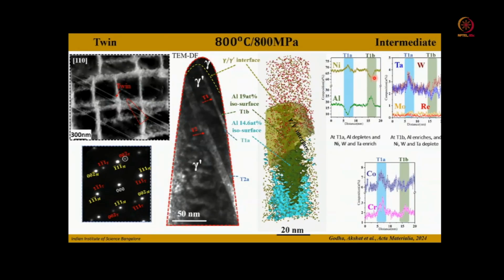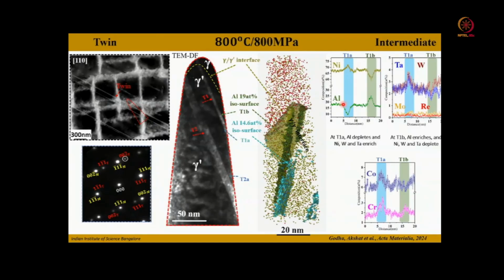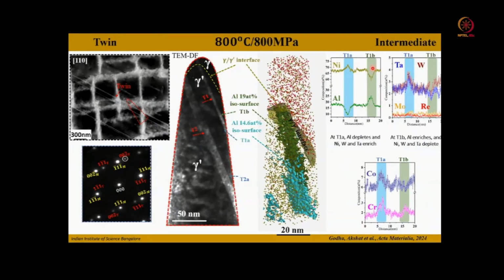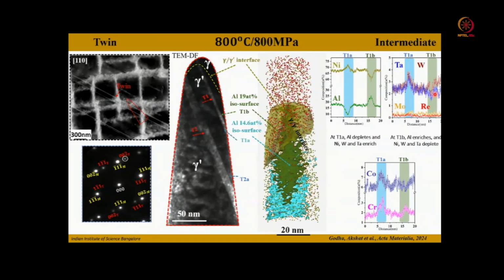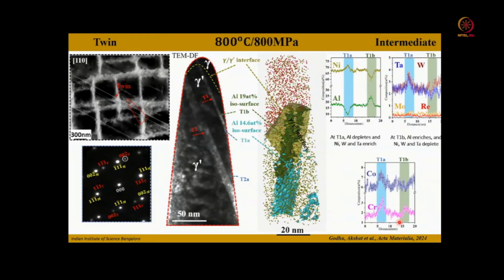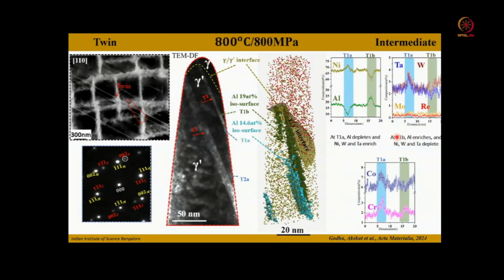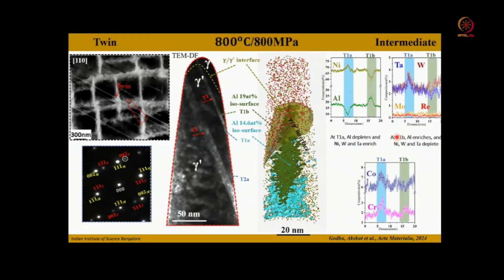At certain locations there is a depletion of nickel. Wherever there is a nickel enrichment, aluminum is depleted and tantalum and tungsten are enriched. Wherever the nickel is depleted, aluminum is enriched, while the tungsten, tantalum and cobalt get depleted, while the chromium is enriched. So this behavior was not seen before in these typical alloys, why the variation in composition is taking place along the twin boundaries.